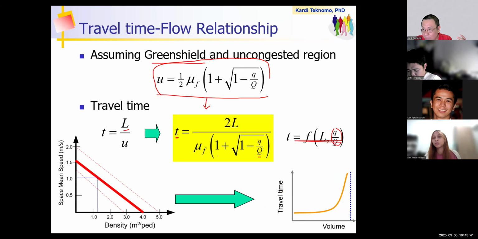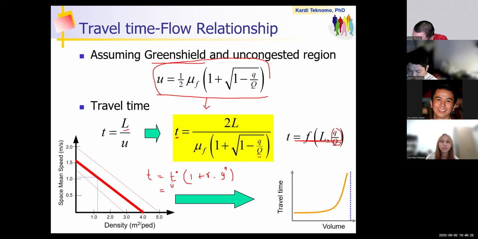So what they use is T equal to T0 multiplied by 1 plus gamma multiplied by congestion, which I will call G, and then exponent eta. So T0 is equal to L divided by mu F.